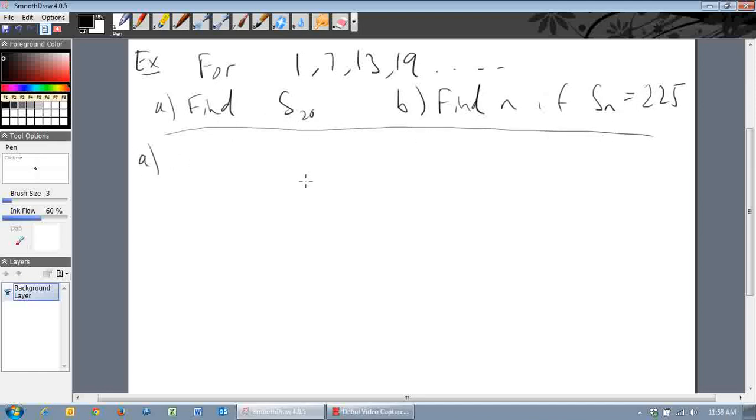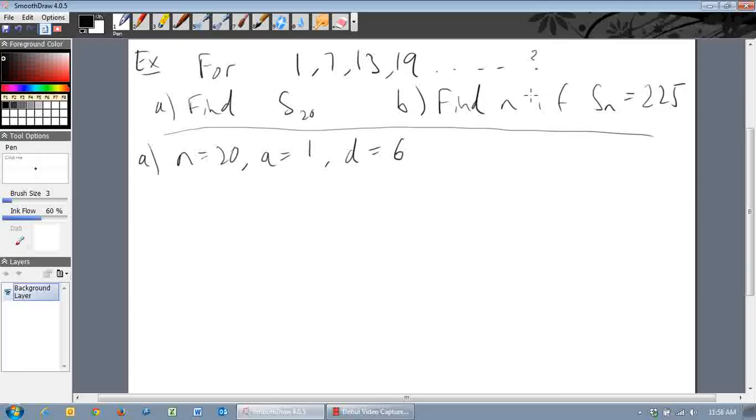First part, find S20. Okay, so we know that n is equal to 20. What else do we know? The first term is 1. What's the difference? It's 6, every time it's going up by 6. Now we've got two formulas, remember? One of the formulas involves the last term and one doesn't. We don't know the last term here.